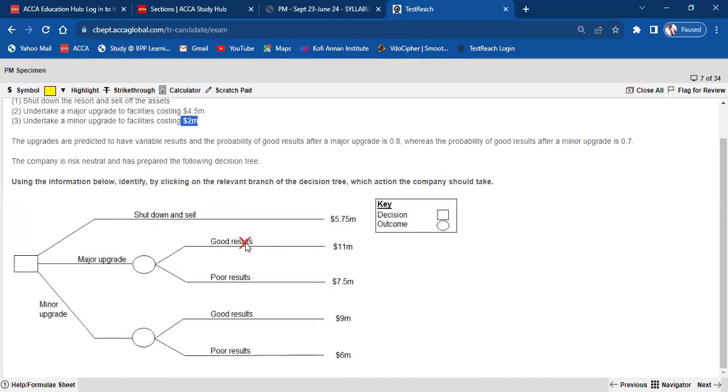These outcomes are not decisions to be made. The question says, identify by clicking on the relevant branch of the decision tree which action the company should take. The answer is click anywhere on the minor upgrade branch. And that is what we call a hotspot kind of objective test question.